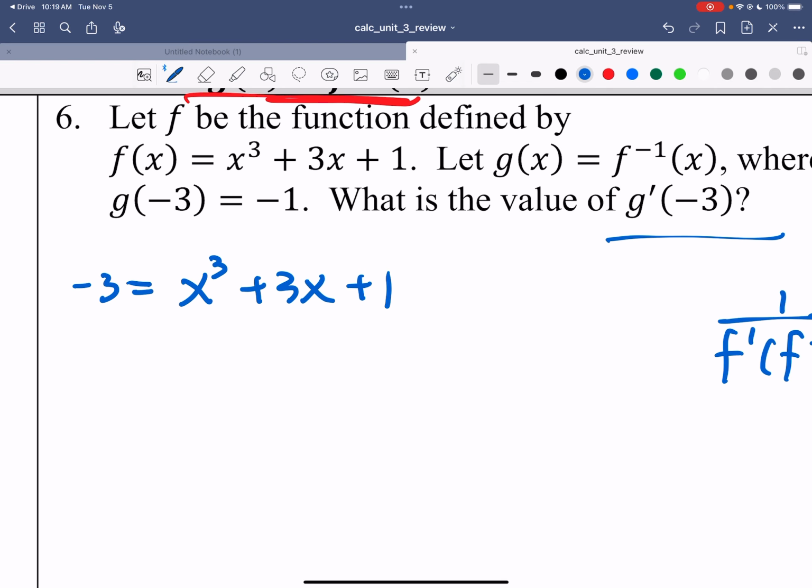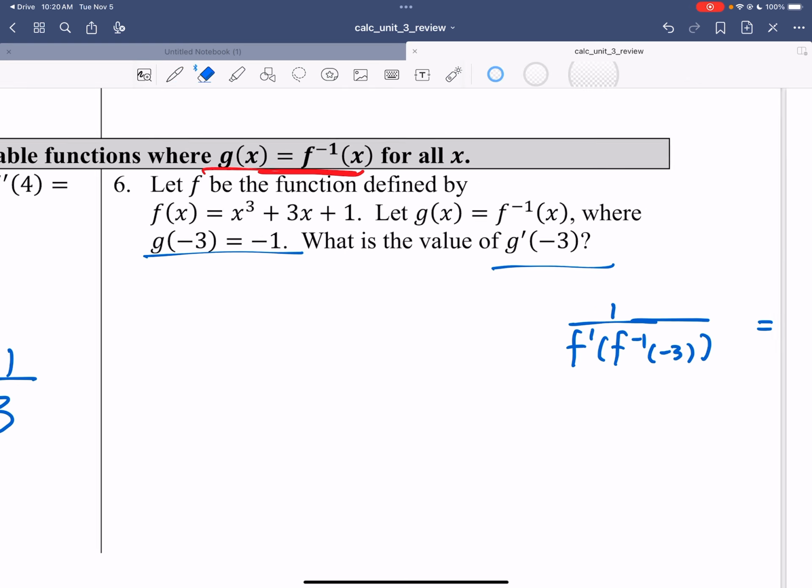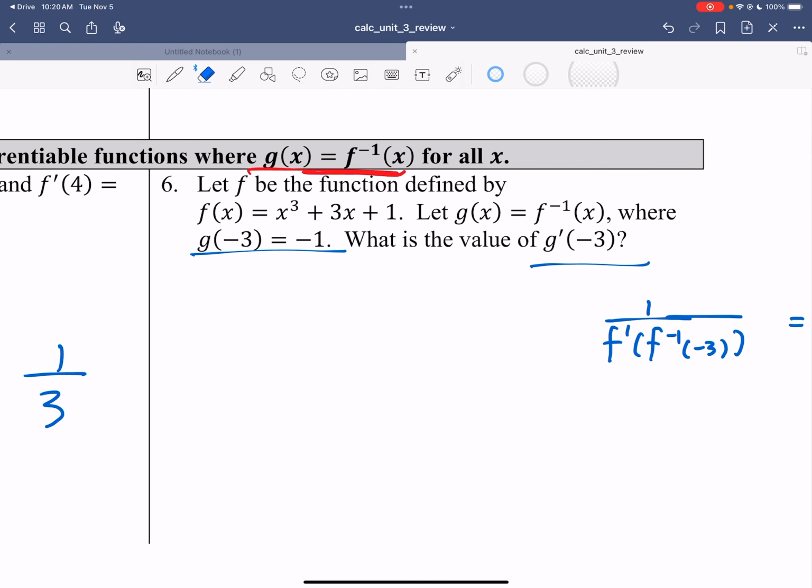I'm not even sure if it is possible, but let's do it, because this one does not really give us anything else. Oh, never mind. It gives us. Do you see they are inverse to each other already? Do you see negative 3? The g value is negative 1. So you're going to get negative 1.